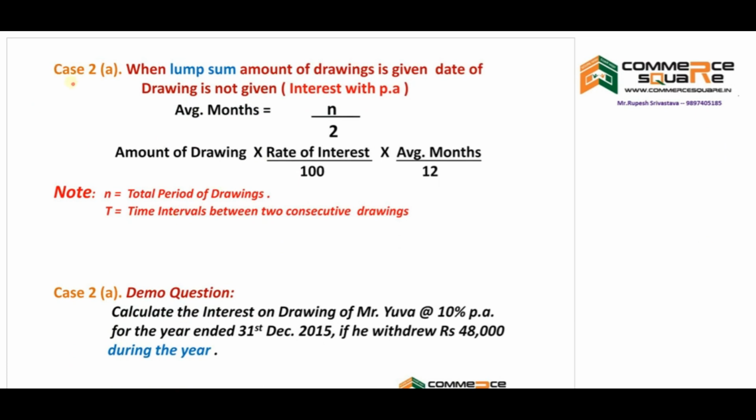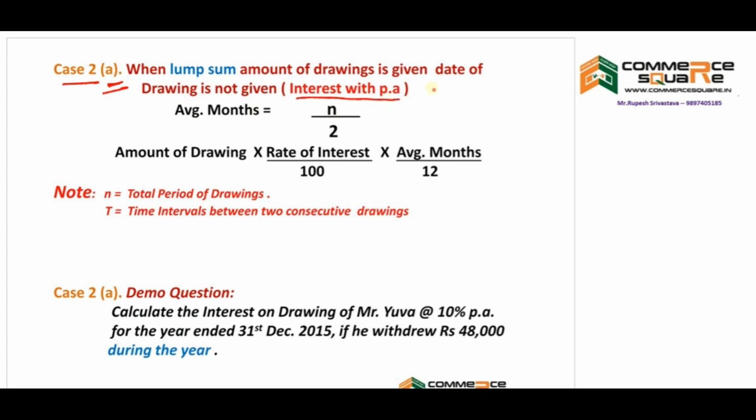This is case number 2A. When a lump sum amount of drawing is given and the date of drawing is not given, the important part in case 2A is interest with per annum.